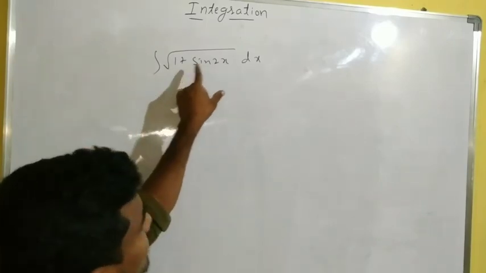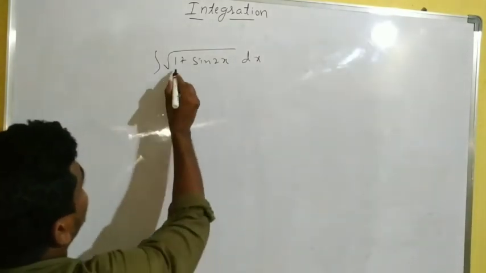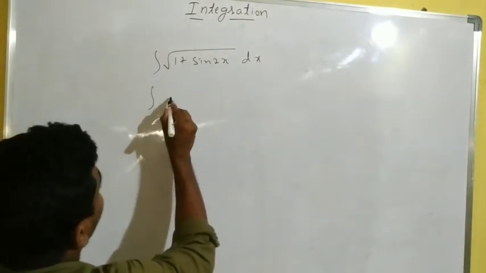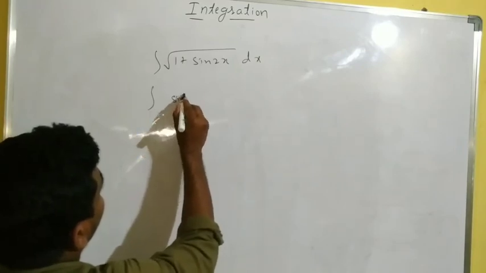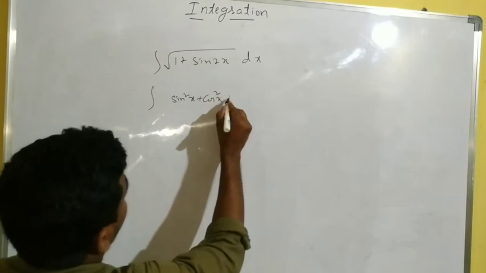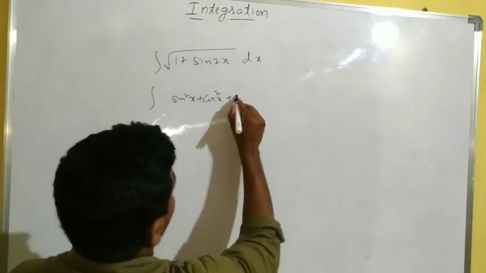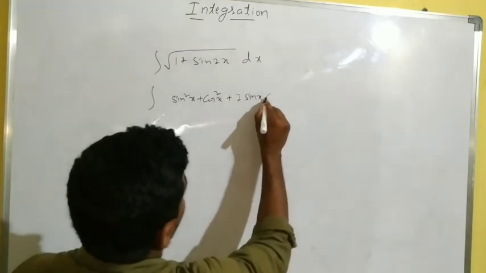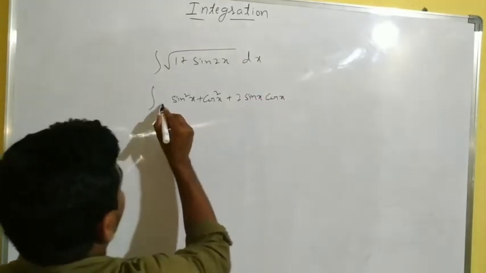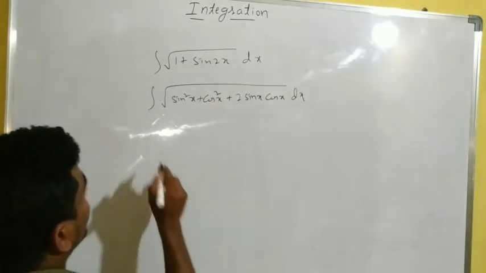Integration of root over 1 plus sin 2x dx. So I am writing this as sin square x plus cos square x plus sin 2x. The formula for sin 2x is 2 sin x cos x, dx.